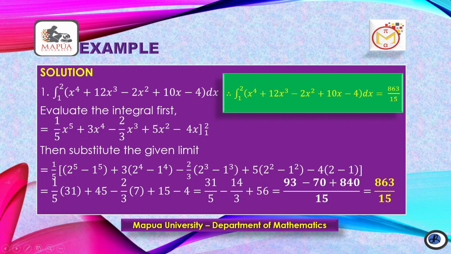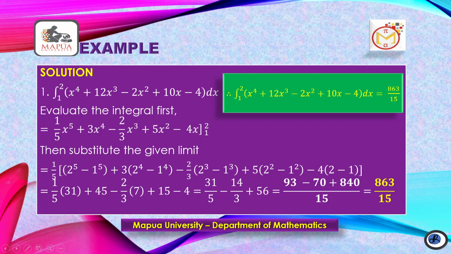And then we have to substitute the limit from 1 to 2. How to substitute is just simply the upper minus lower. So for the x to the fifth, it becomes 2 raised to the 5 minus 1 raised to the 5, upper limit minus lower limit, multiplied by the coefficient 1/5. For the x to the fourth, this is now 2 raised to the fourth minus 1 raised to the fourth multiplied by the coefficient 3.